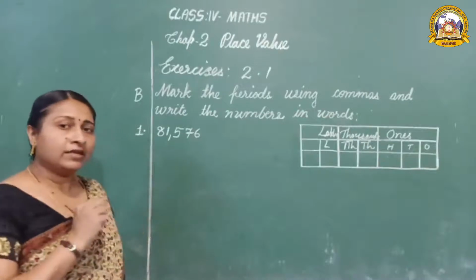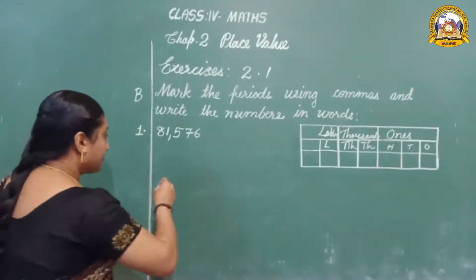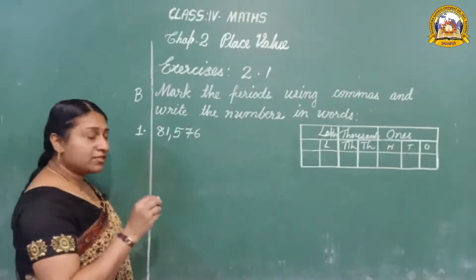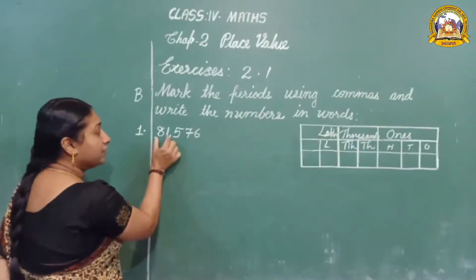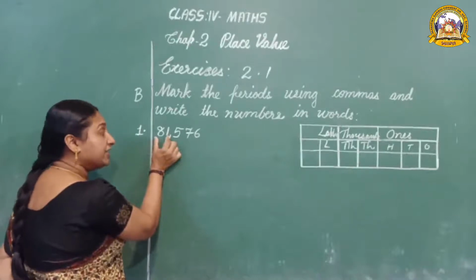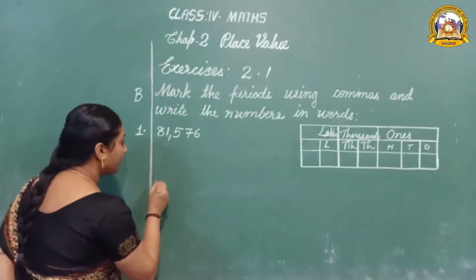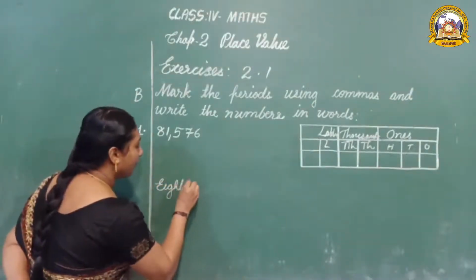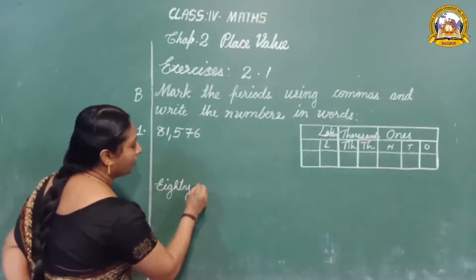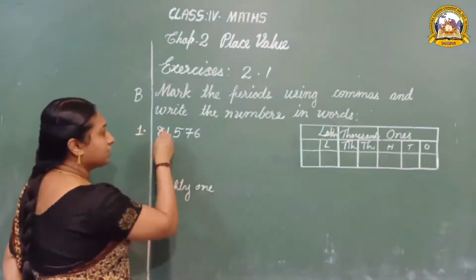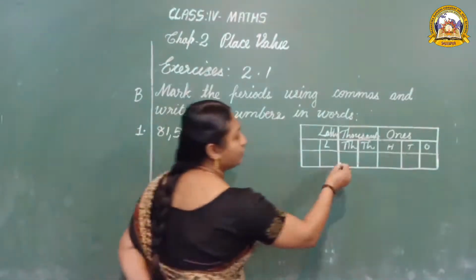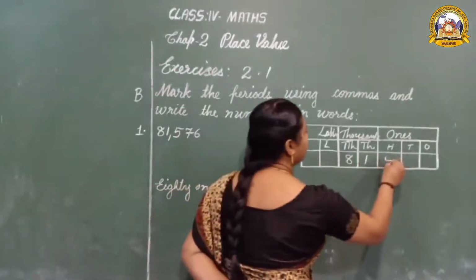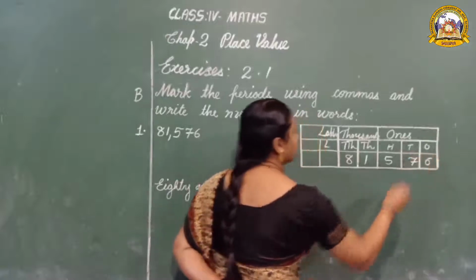Next, what is the next step? Yes, we have to write the number in words. Okay, first how can we read it? 81,000. So write 80, spelling EIGHT, thousands. 81 thousands means 81 thousands and 576. No?